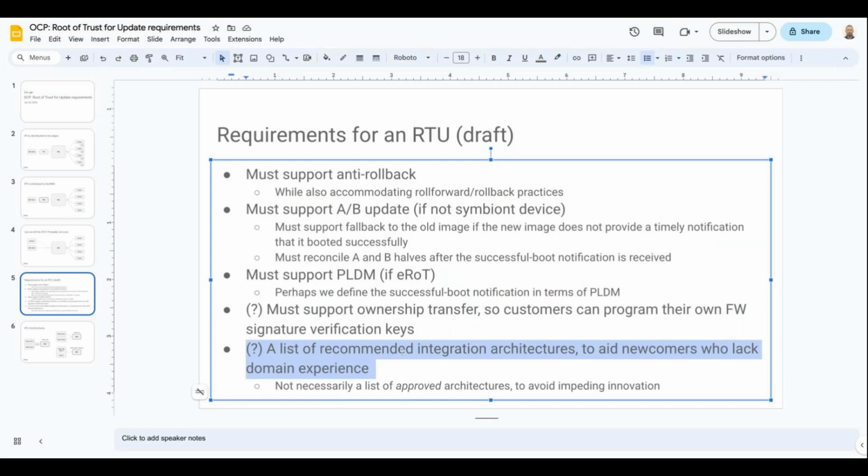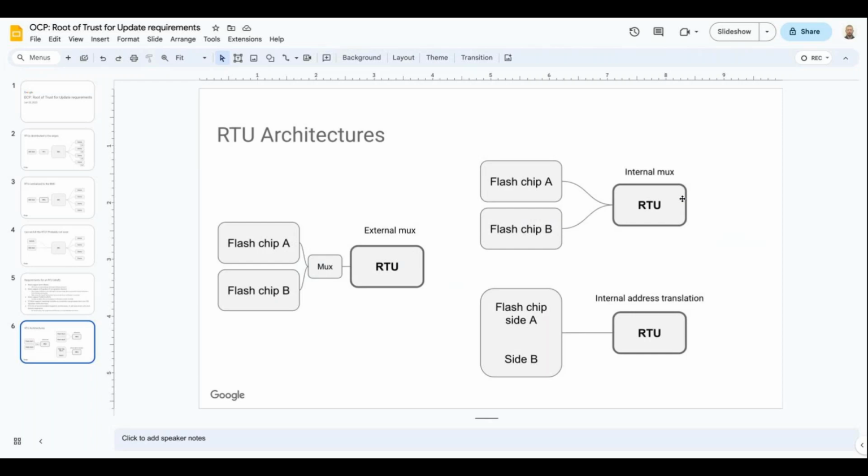This big question mark here, we could do this, we could not, but we could say, if you're going to have an RTU, and I guess the implicit assumption is that it's an EROT, or maybe not actually, how do you even wire that up? If you don't have a lot of domain experience in this, what are some well-trodden paths? We might not want to say these are all the ways you're allowed to do it, because we don't want to impede innovation here, but just some example block diagrams.